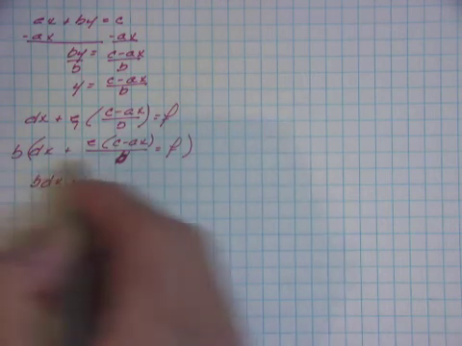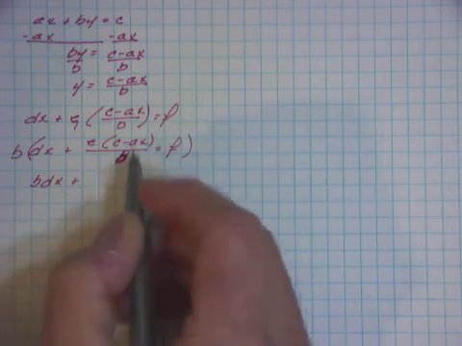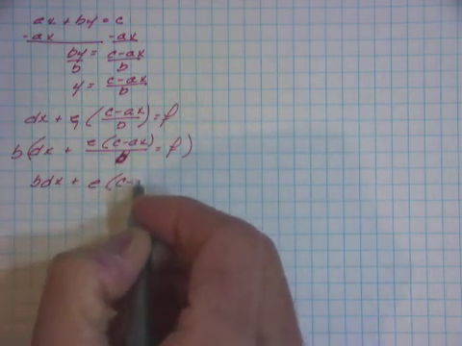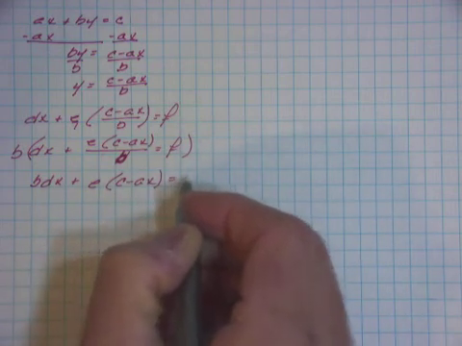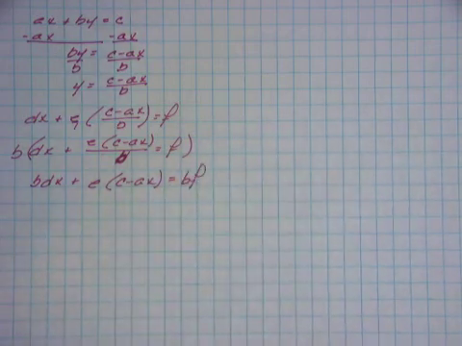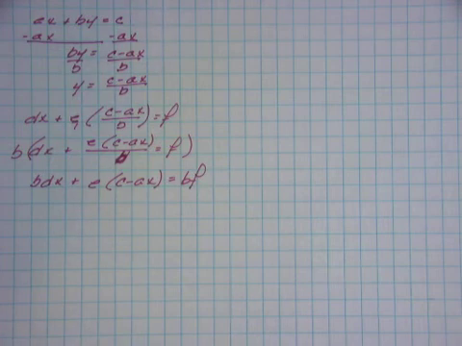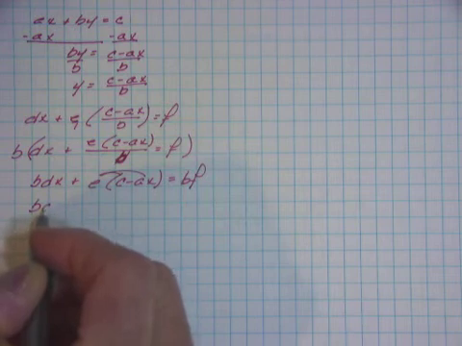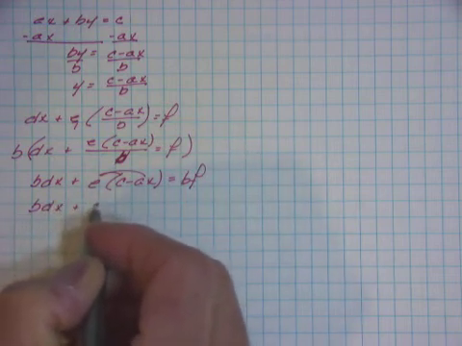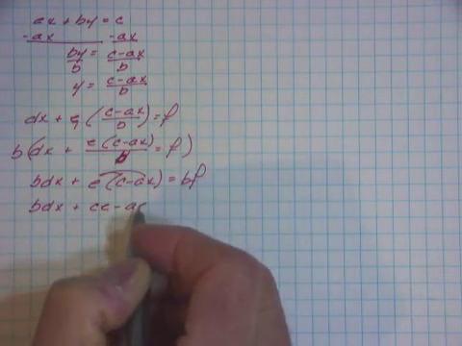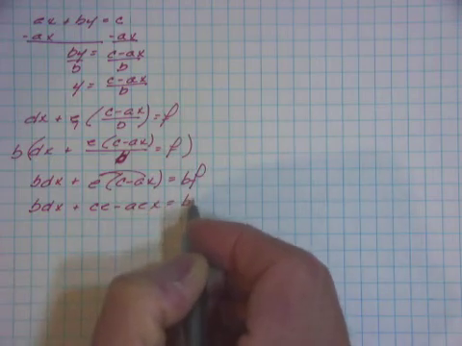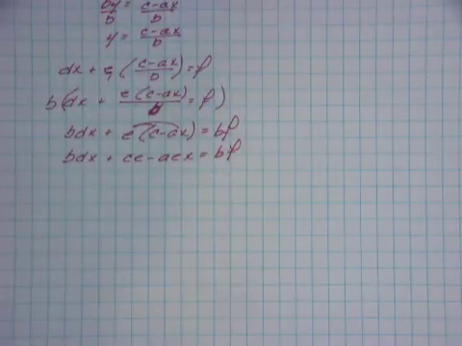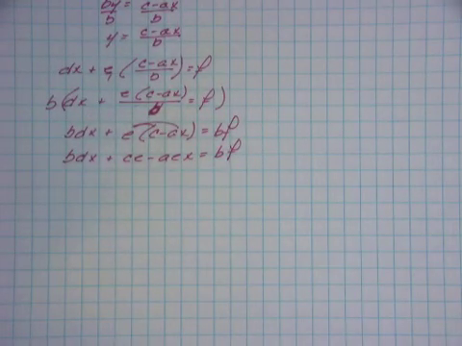And I get bdx plus, now the b here in the numerator cancels with the b in the denominator, so I have e parentheses c minus ax equals bf. Now I'll distribute the e, and I get bdx plus ce minus aex equals bf. Notice I'm putting all my variables in alphabetical order.